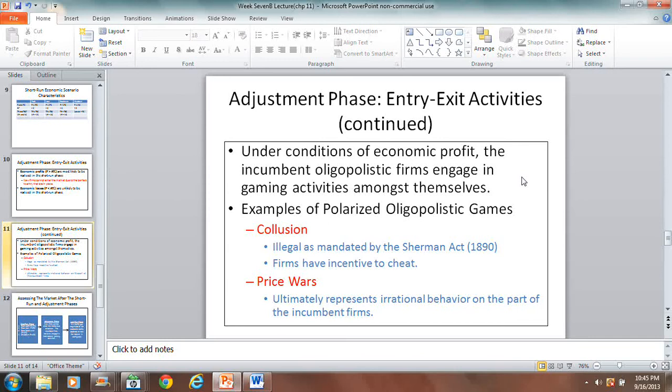There are branches of economics and mathematics associated with studying oligopoly called game theory. I think the level of complexity associated with game theory sometimes makes us lose sight of the point. So I want to talk about oligopoly in terms of this gaming activity, but de-emphasize, in fact eliminate, the mathematical inquiry and just look at some extreme games that the firms could play.